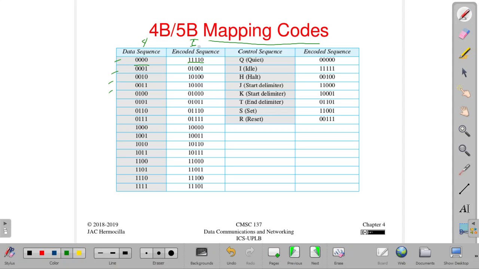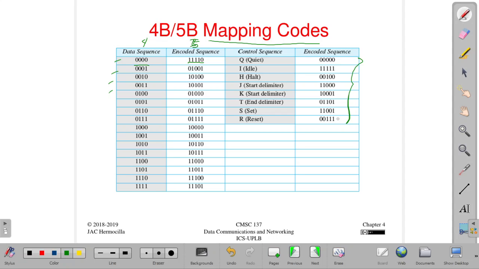So obviously the 5-bit block will have more combinations, so some bit patterns will be treated as control sequences, meaning they do not encode actual bit values, but rather they represent control information.